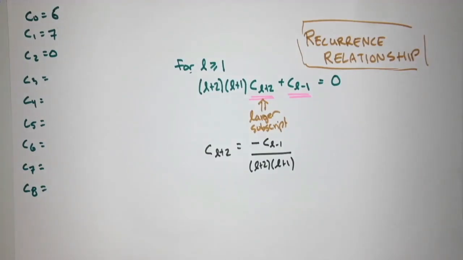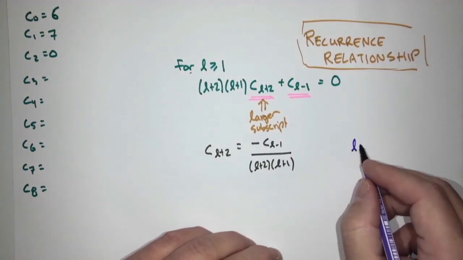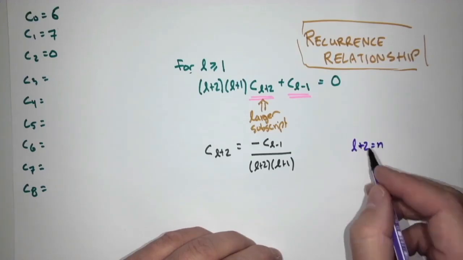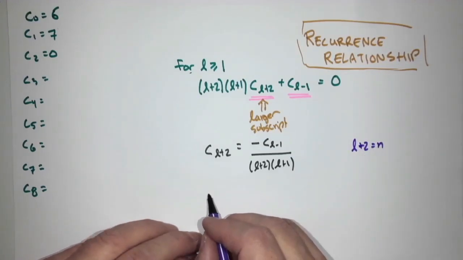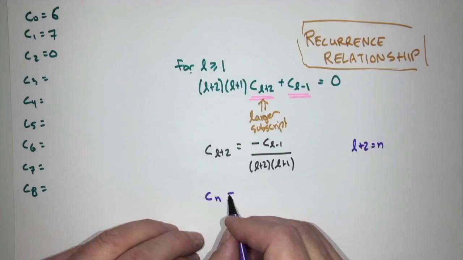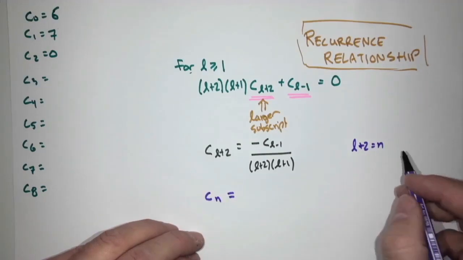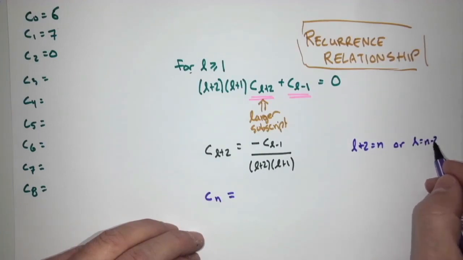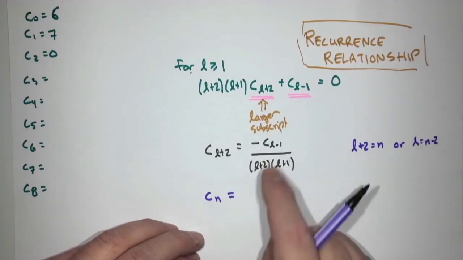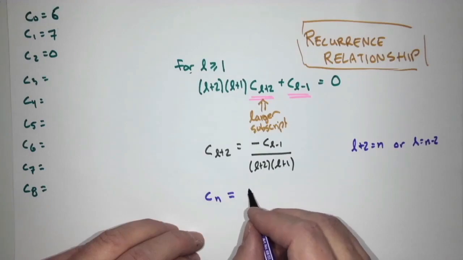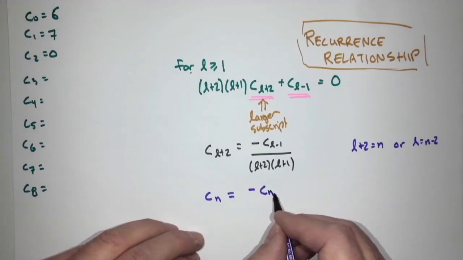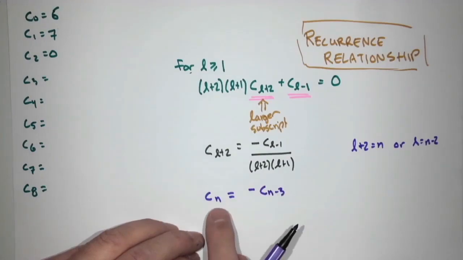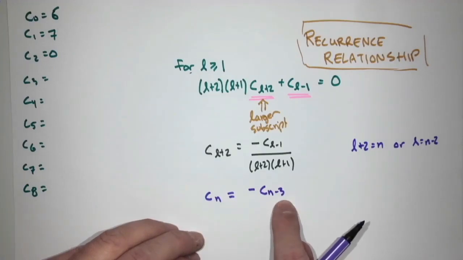And how do you change it? Well, you change your index. You're allowed to change your index. So let's just call L plus 2 n, just like we did with sums. So C sub n. If L plus 2 equals n, another way to write this is that L equals n minus 2. What does C sub L minus 1 become? C sub n minus 3. So this says 3 terms back.